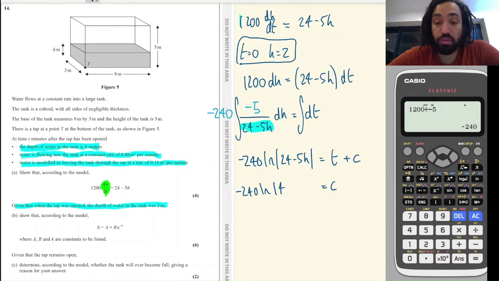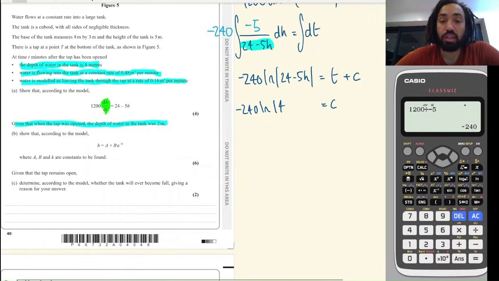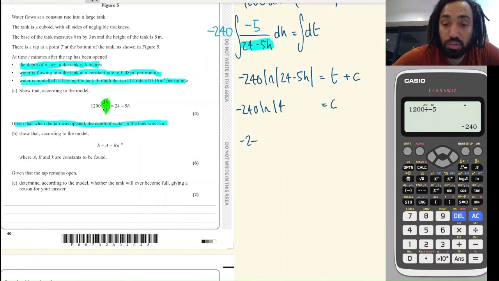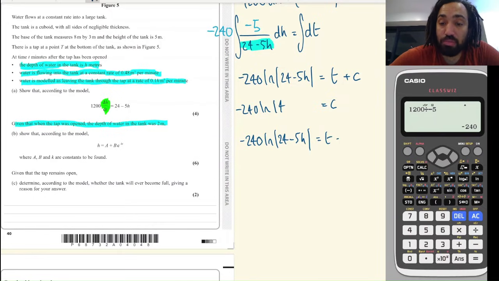Okay, so therefore my new solution is going to be minus 240 ln of 24 minus 5h, and I'm going to have t, and I'm going to have minus 240 ln of 14.